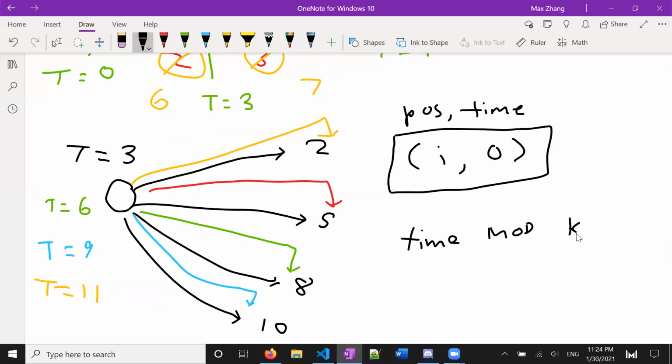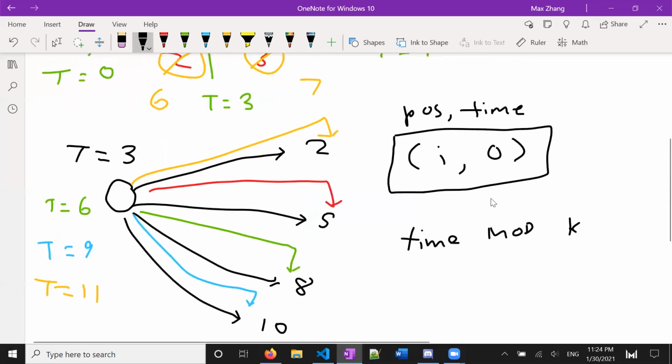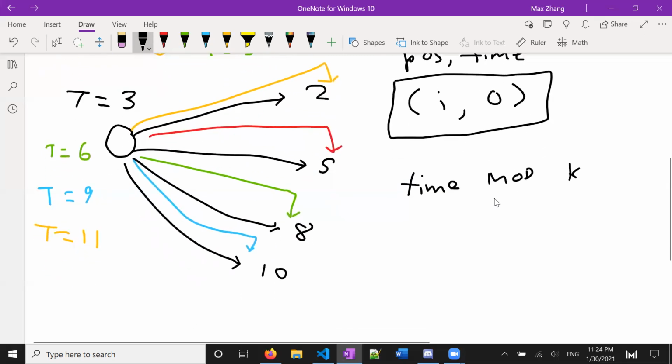And you can think about why that works, because being at a position at time 1 is the same as being at a position at time 1 plus k, because you have the exact same set of swaps that you were interacting with. And so essentially we just need to keep walking until we get back to this position i, 0.